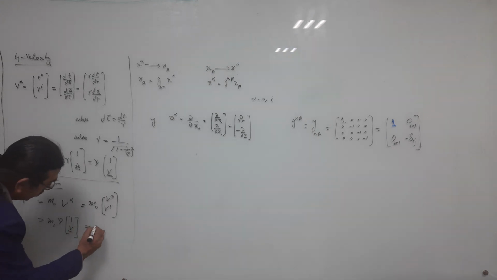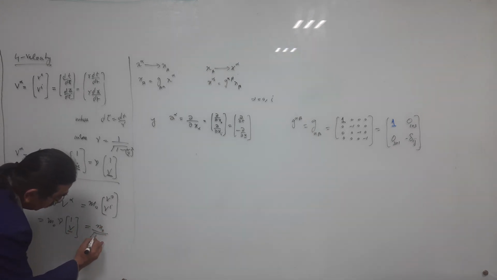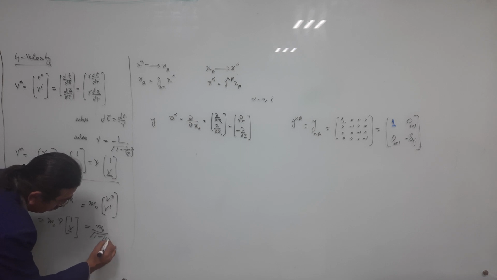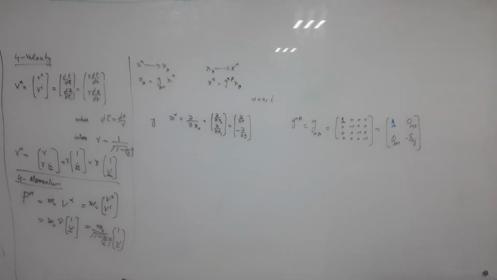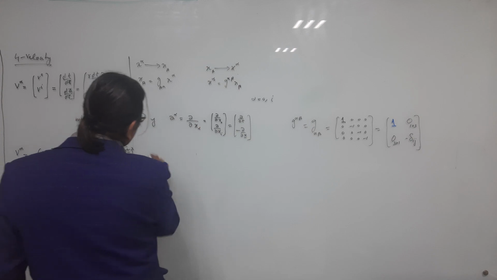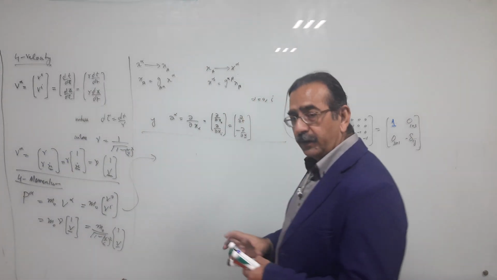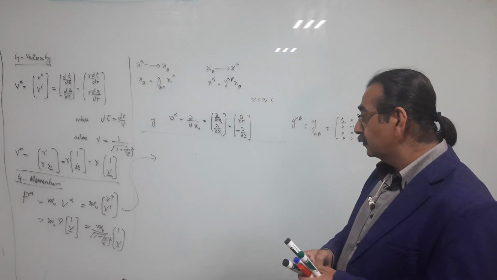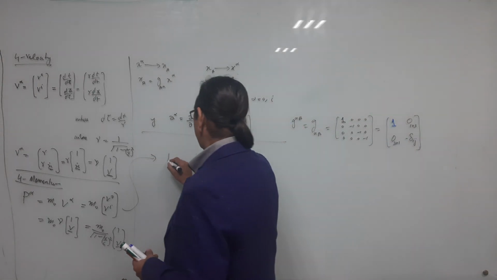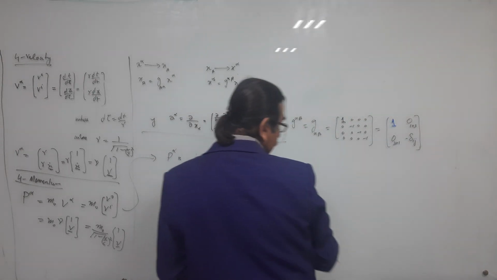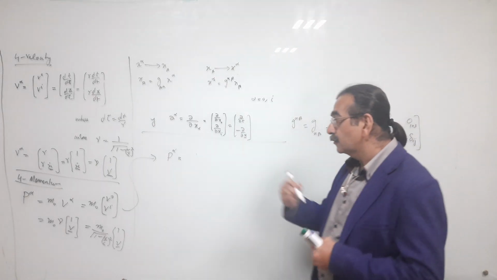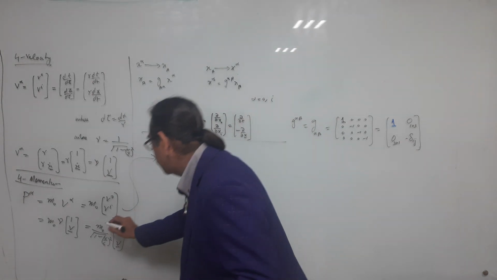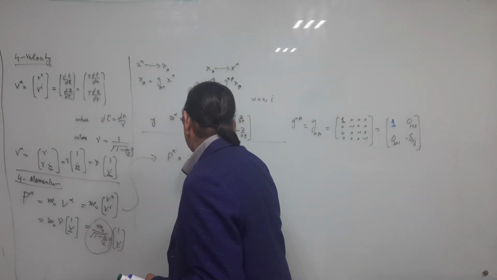And this is, okay. Got it? So P alpha will be this, the reduced norm.